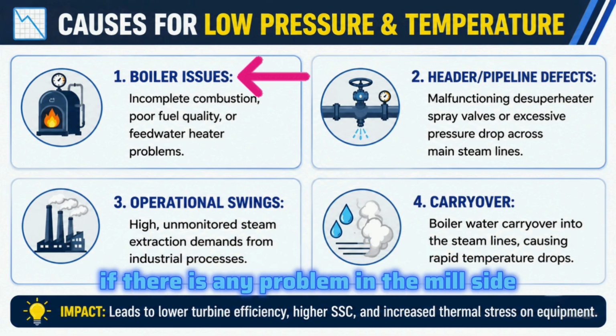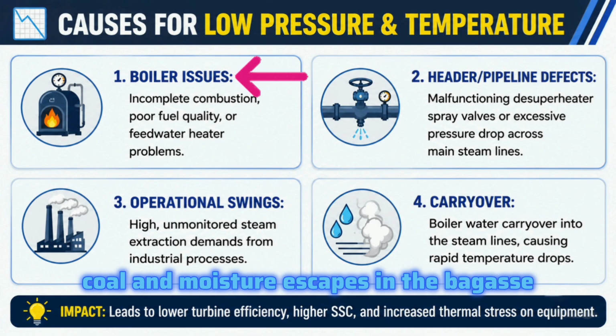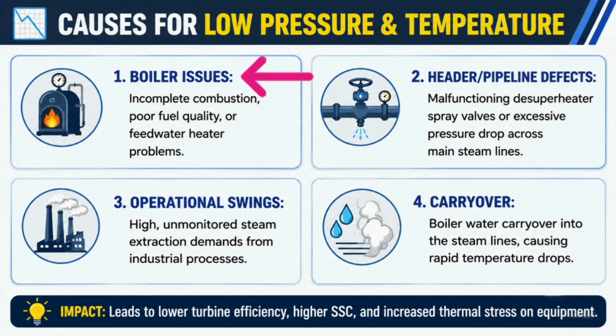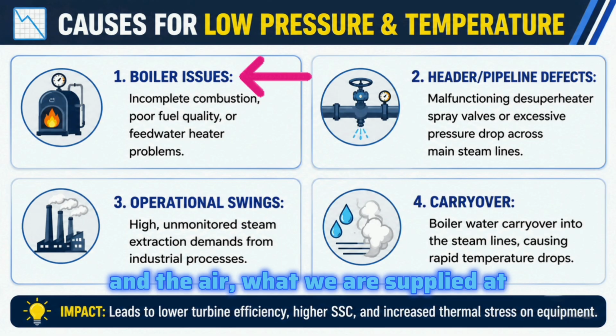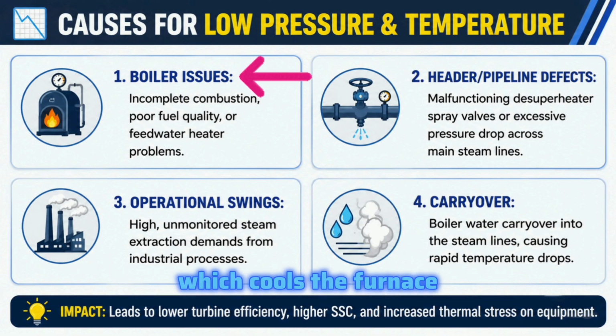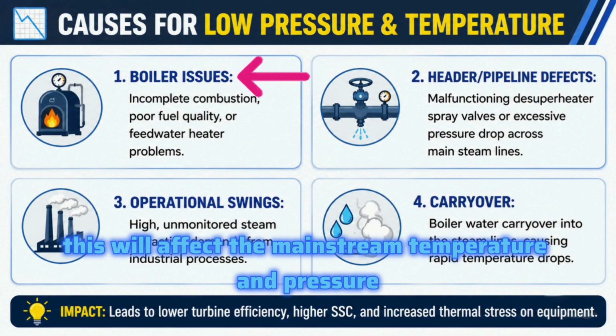Sometimes, if there is any problem on the mill side, due to improper crushing in the mills, moisture escapes in the bagasse. When wet bagasse enters the furnace, the temperature drops, and the air we supply at the rated load becomes excess air, which cools the furnace further. This will affect the main steam temperature and pressure.